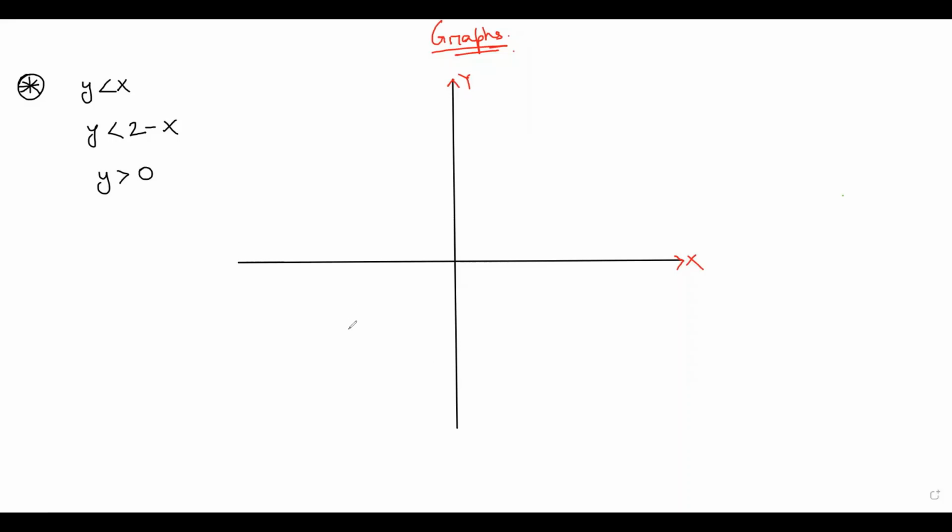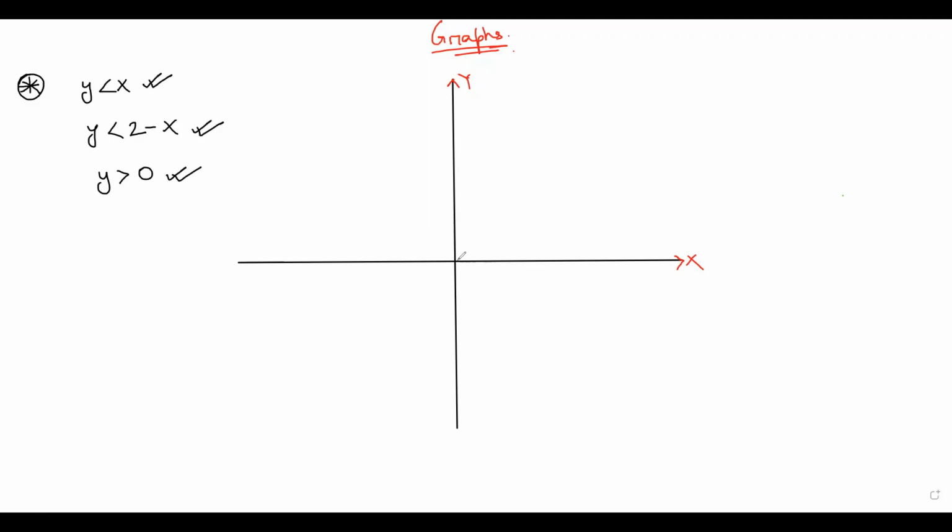Now, let us see the graph of linear inequalities. The linear inequalities given here are y less than x, y less than 2 minus x, and y greater than 0. And we need to find the graph represented by these 3 inequalities. The graph of linear inequalities won't be a line, rather it will represent a region.